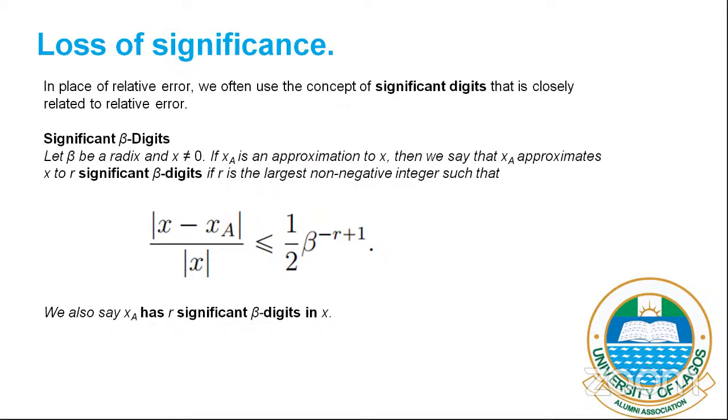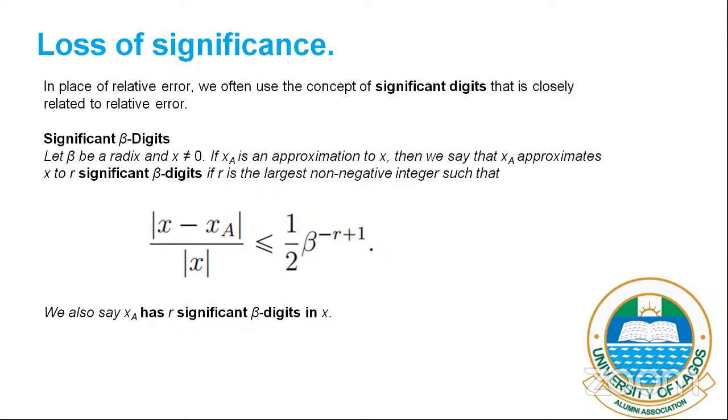So what we are trying to do is compare the relative error. That's what we have in the formula. Please, maybe instead of writing the modulus of x minus xa, you can just say relative error, so we can relate the formulas.